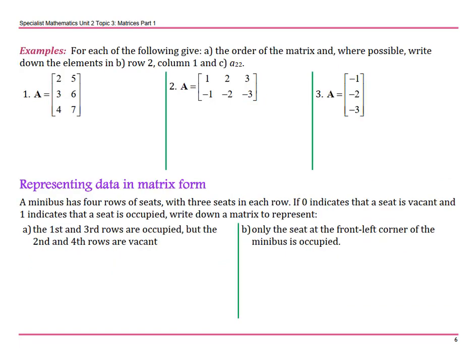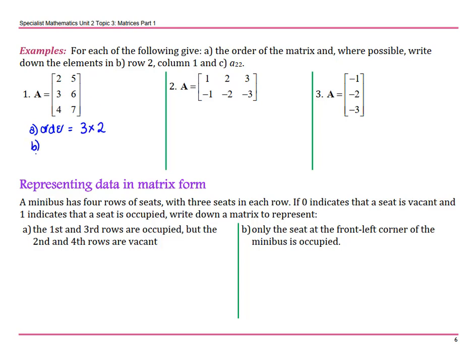Let's do some examples. For each of the following, give A, the order of the matrix, and where possible, write down the elements in B, A21, row 2, column 1, and C, A22. Okay, so for the first one, our order is our rows by our columns, so 3 by 2.